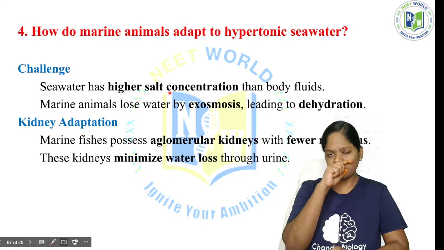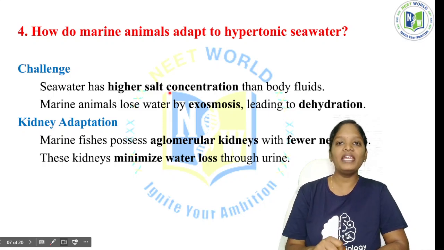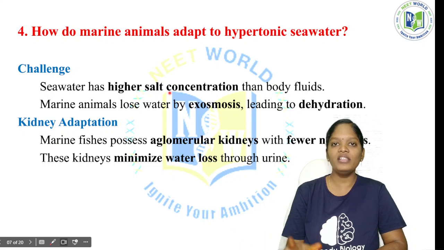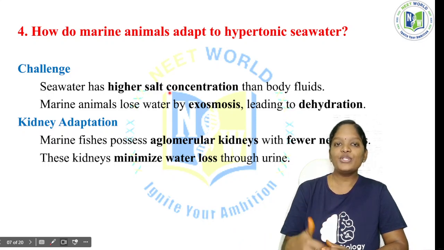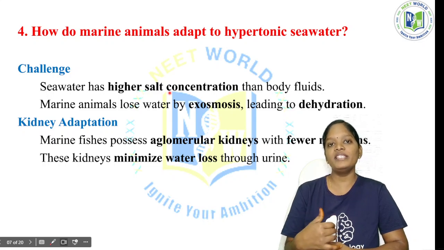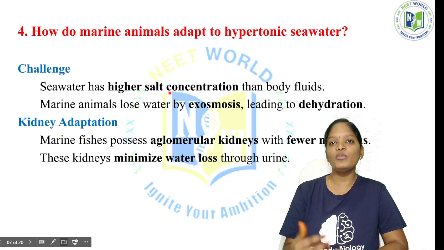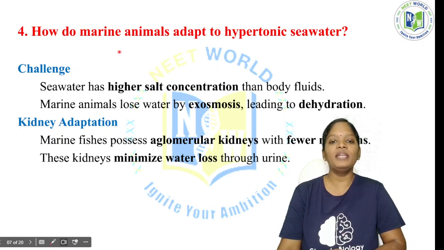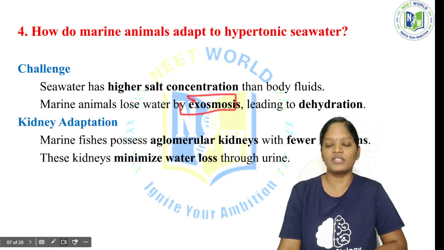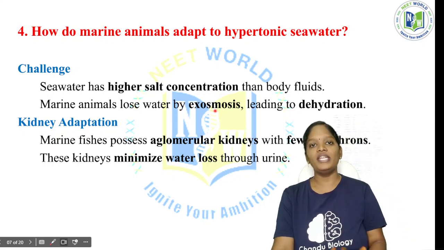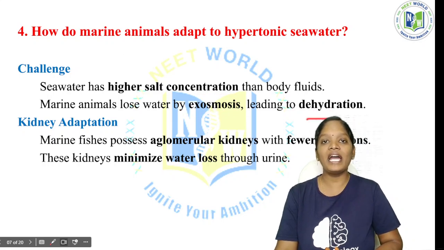But marine animals have enough water, so the water has to be eliminated more. It should not be stored within the body. So to avoid storing, most of the water has to be eliminated by the process of exosmosis. This makes the marine animals' bodies dehydrated.